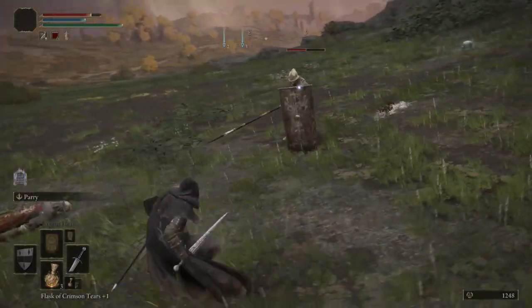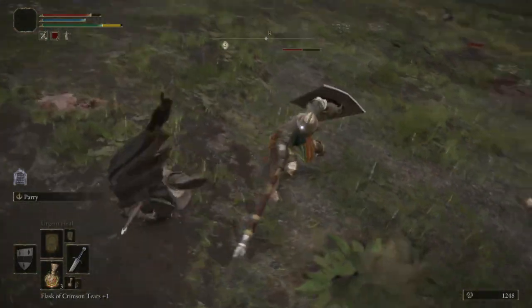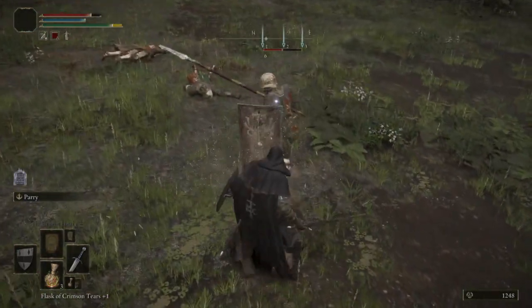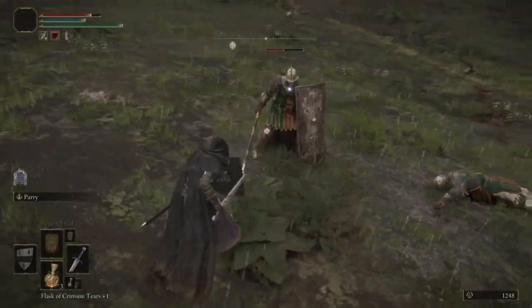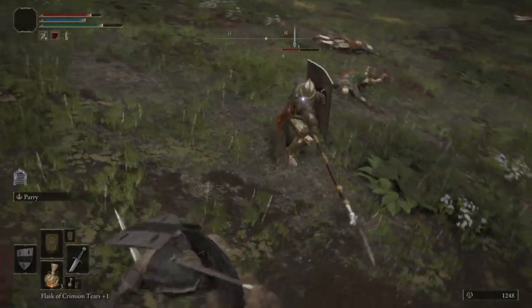It's never good if you are kind of fighting his shield instead of fighting this person.